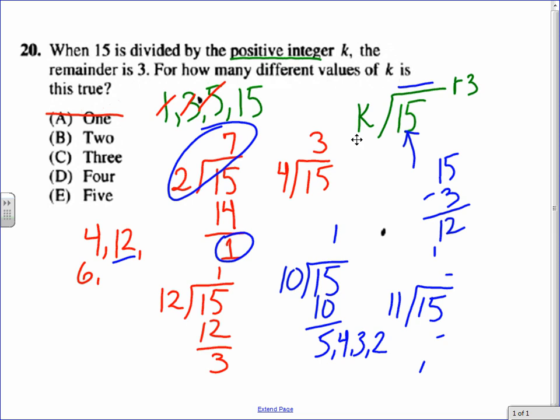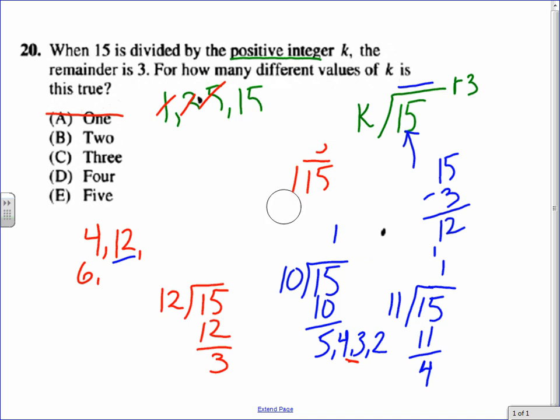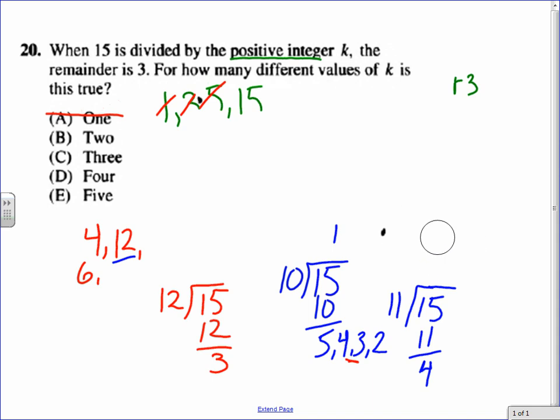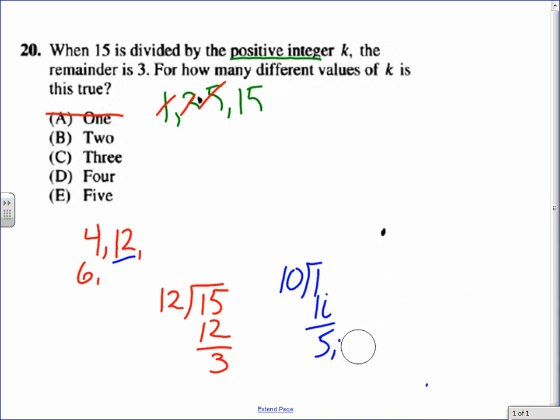So 11 divided into 15 will go in once, and it'll give you remainder 4, so that doesn't work. 12 we know works because we've tested that one out. 13 will give you remainder 2. 14 will give you remainder 1. And 15 will divide perfectly into itself. So then you're done because you can't divide a number higher than 15 into 15 and get a remainder.